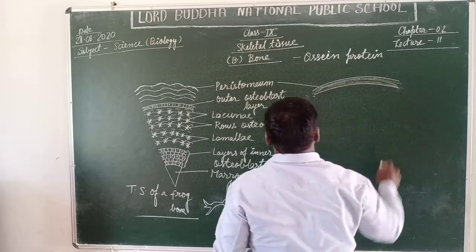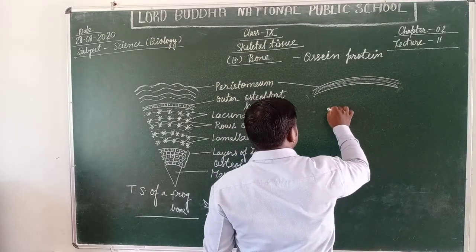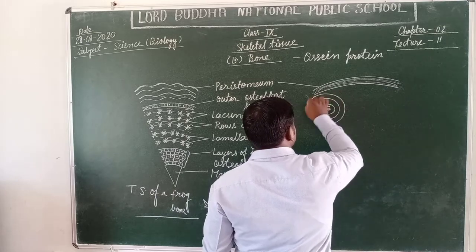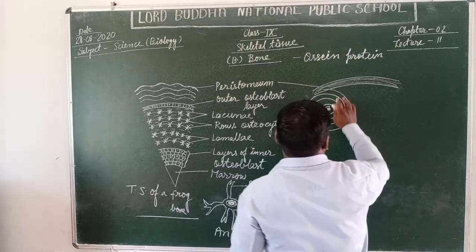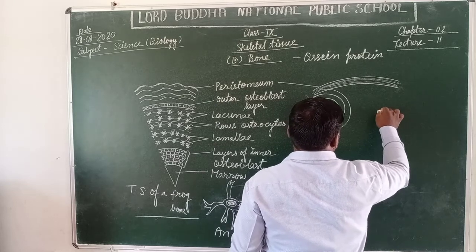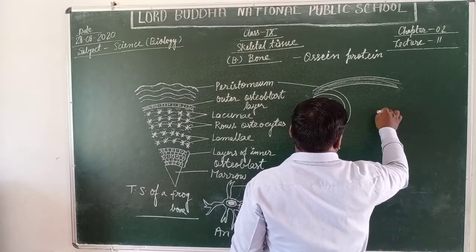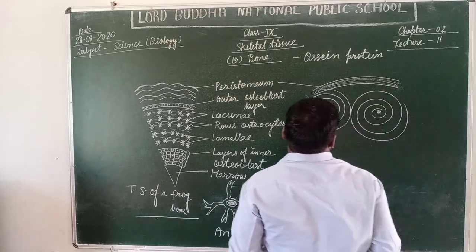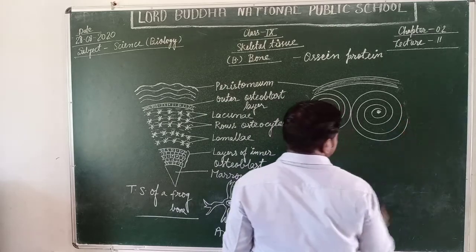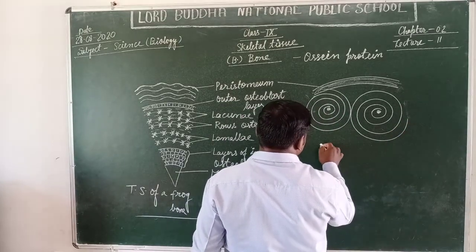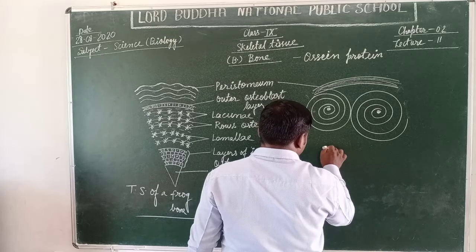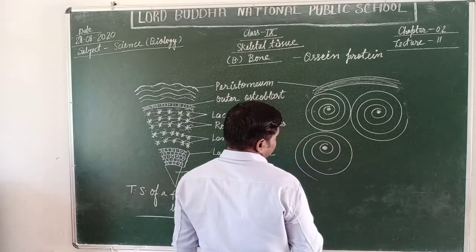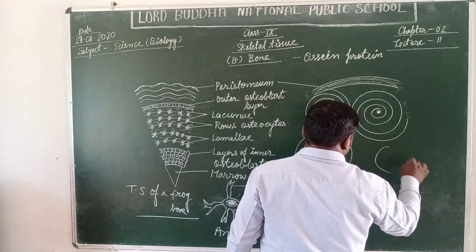Its uppermost surface is smooth, and there is the presence of concentric lamellae in the mammalian bones. These concentric lamellae containing about 10 to 15 rows form the Haversian system. Yes students, this type of system formed by these osteocyte lamellae is called the Haversian system.